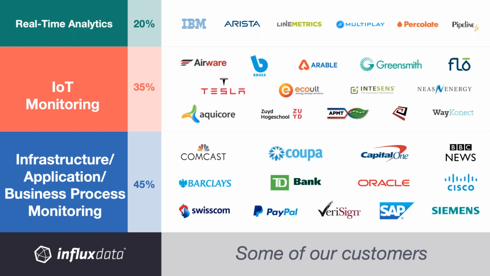And then on top, it is IoT monitoring. About 35% of our customer base falls into this segment. So this could also be DevOps monitoring as well, but it usually has a very strong IoT, sensors and device focus.